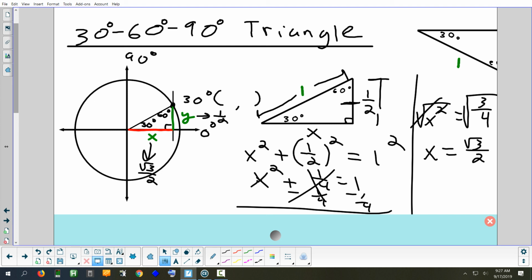So how would I write my coordinate for 30 degrees? Square root 3/2, comma 1/2. Yeah, square root 3/2, comma, a half. So that is your coordinate for 30.